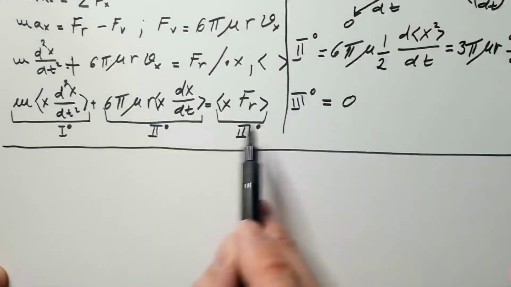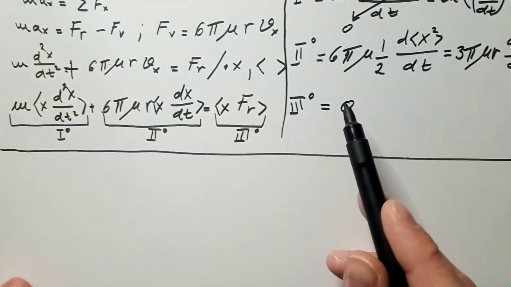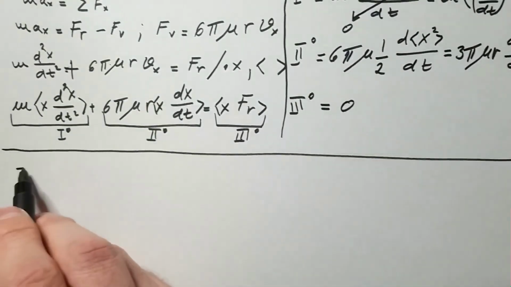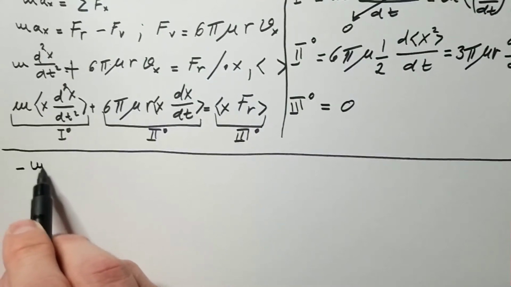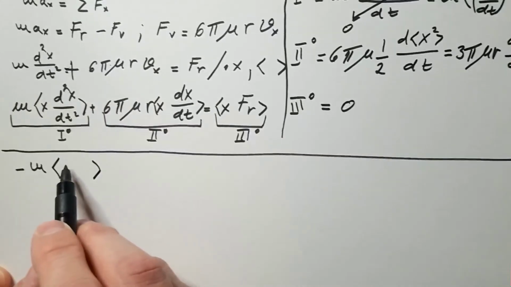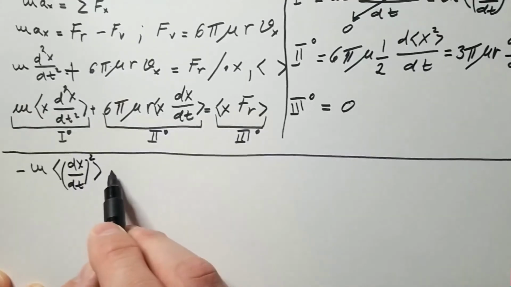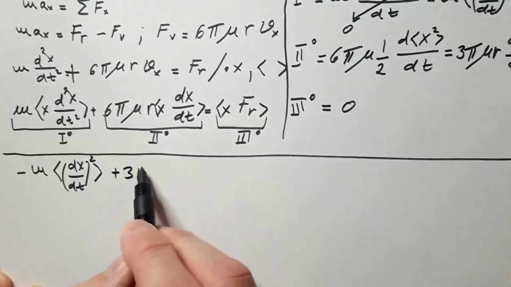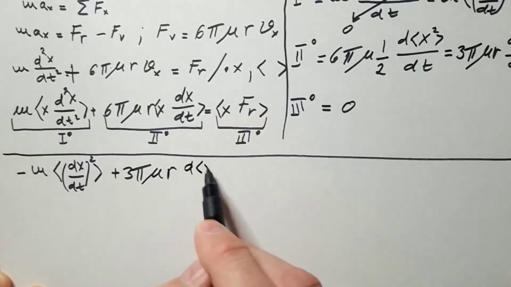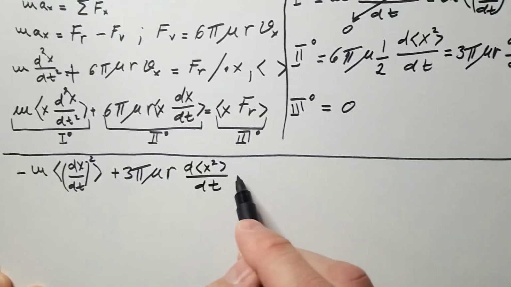So, combining 1, 2, and 3 that I expanded previously gives me that minus m mean of dx over dt squared plus 3 pi mu r d mean of x squared over dt equals 0.